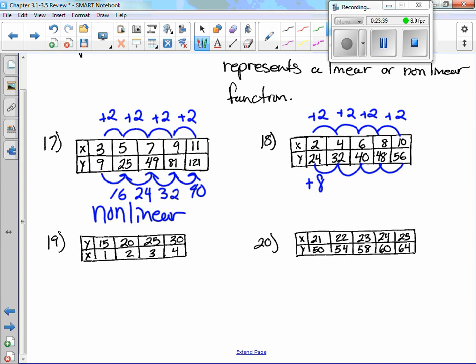What about from 32 to 40? What about 40 to 48? So is this linear? It is linear, because we have a constant change in x and y.